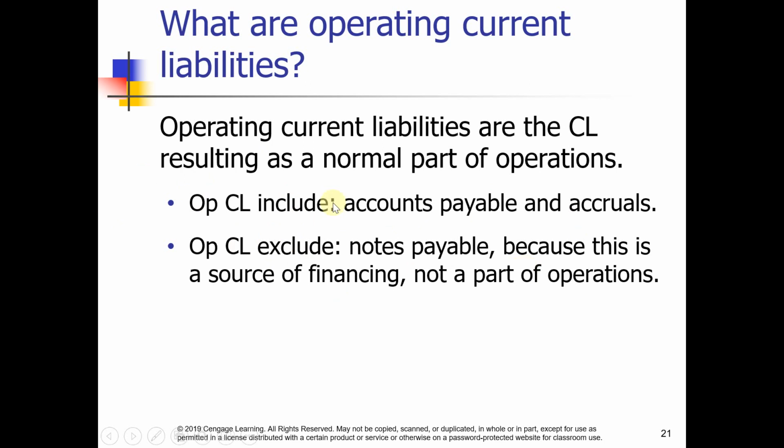But on the other side, some of the operating current assets can be financed by current liabilities. The company can finance its inventory, for example, by increasing accounts payable and accruals, delaying payment of, for example, wages and so on. These are called operating current liabilities.